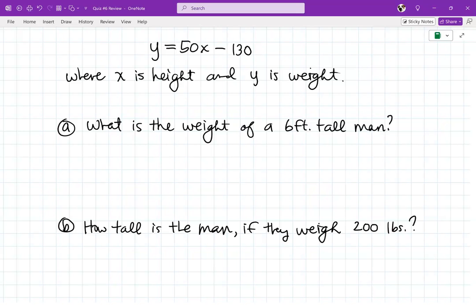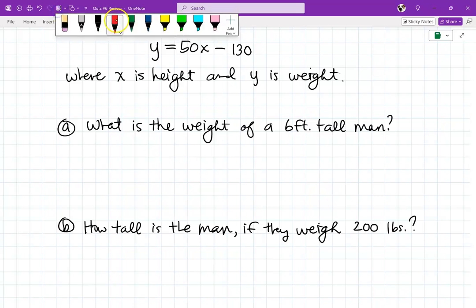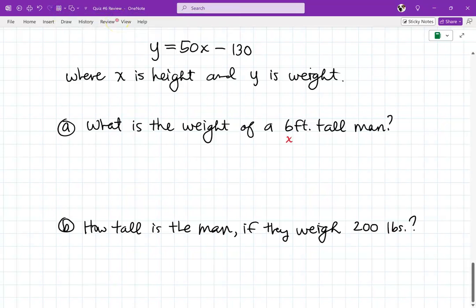So 6 feet tall represents the height. This is my x value. Let me change that to red, sorry. This is my x value. I got to figure out y. So y is equal to 50 times 6 minus 130. y is equal to 300 minus 130.